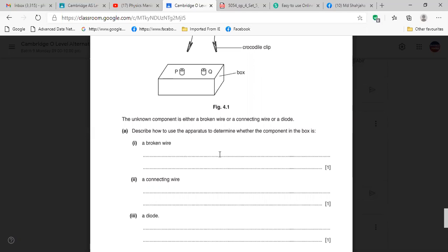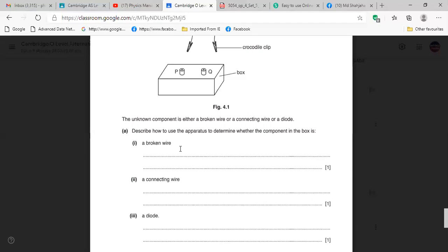So you repeat the first one, so that others can also write it. The first one, what you said, again say. The bulb will not light up if it is a broken wire as the circuit is incomplete.